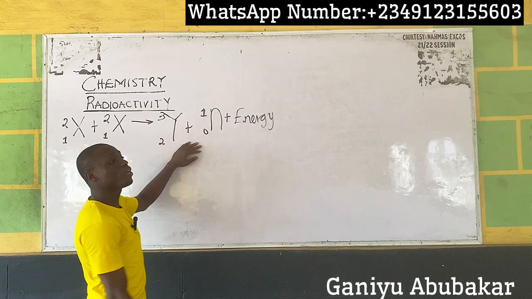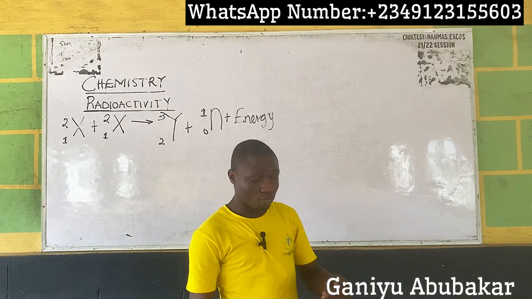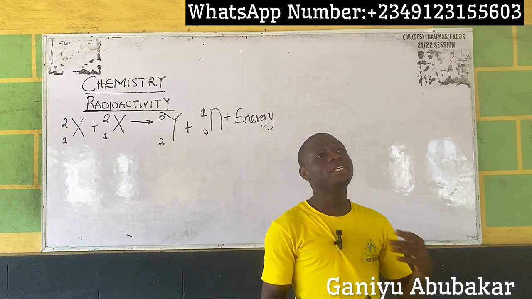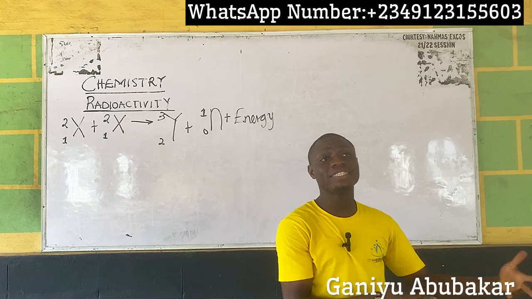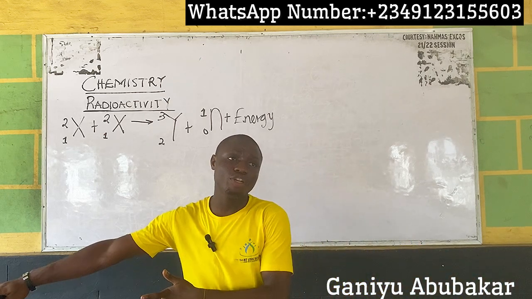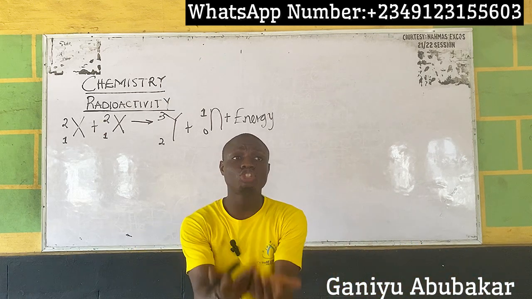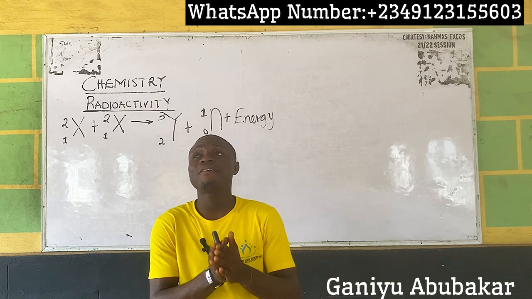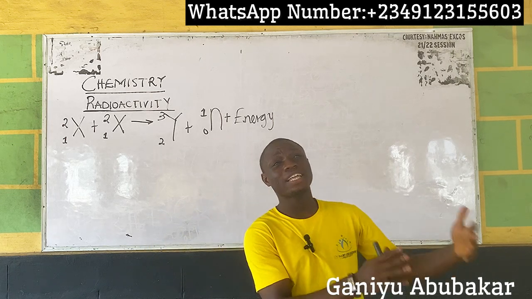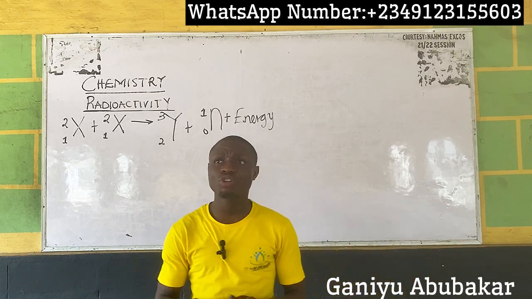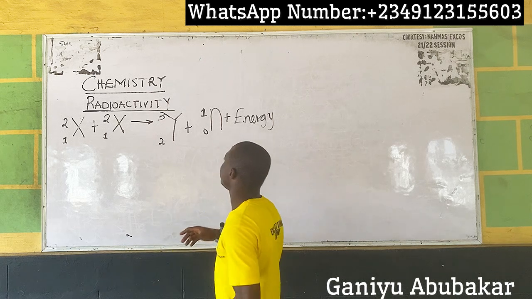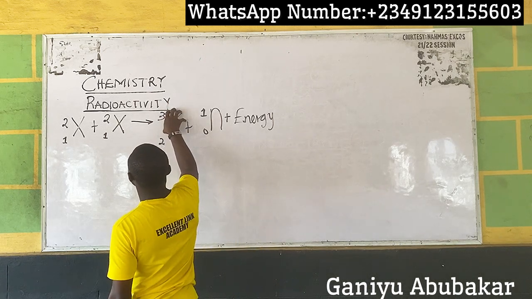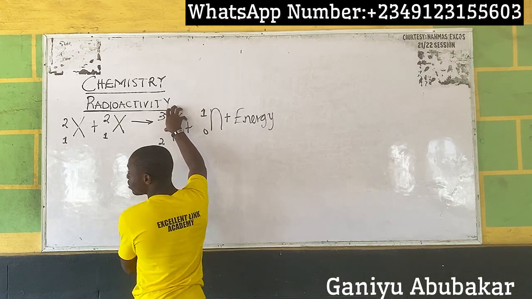We said for nuclear fission, you have the higher values on the reactant, while the lesser values on the product. For nuclear fusion, you have the smaller values on the reactant, while you have the bigger values on the product. So here's the concept: the bigger value is here on the product side.